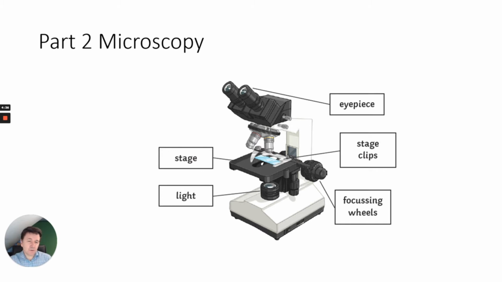Objective lenses are the ones that you can rotate and they increase the magnification. You've got the stage, you've got stage clips, you've got the microscope slide on the stage, you've got the light, so the light passes up through the lenses, through the eyepiece into your eye, and then you've got a focusing wheel, so it's either a fine focusing or coarse focusing wheel.